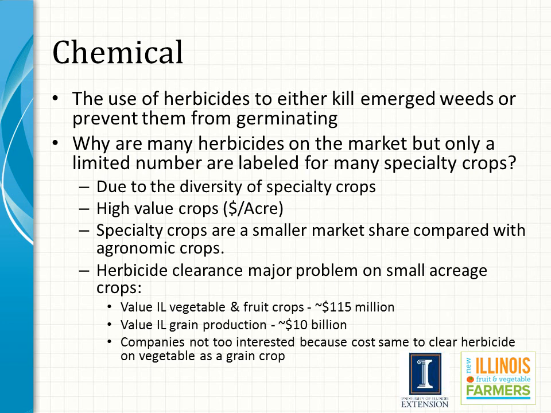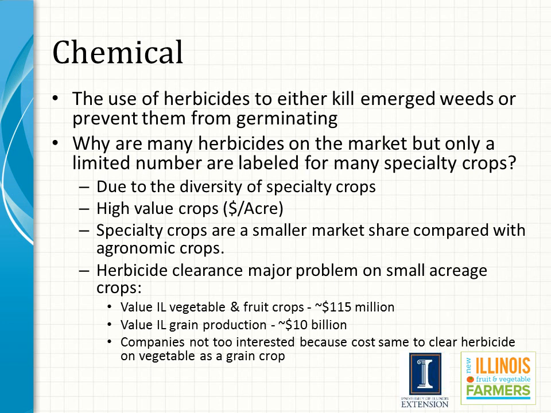Chemical weed control is the use of herbicides to either kill emerged weeds or to prevent them from germinating. Oftentimes this can be done with less labor than other management practices, and also it does not disrupt the soil, which can also be important. Now there's many herbicides on the market, but a limited number are labeled for many specialty crops. So why is this? One thing is due to the diversity of specialty crops.